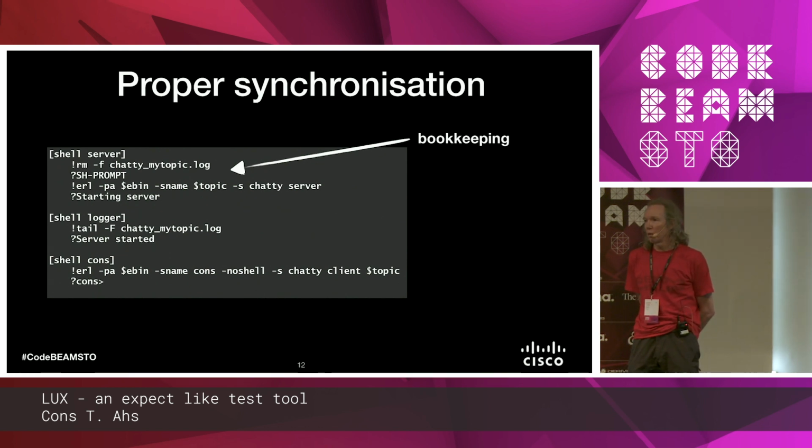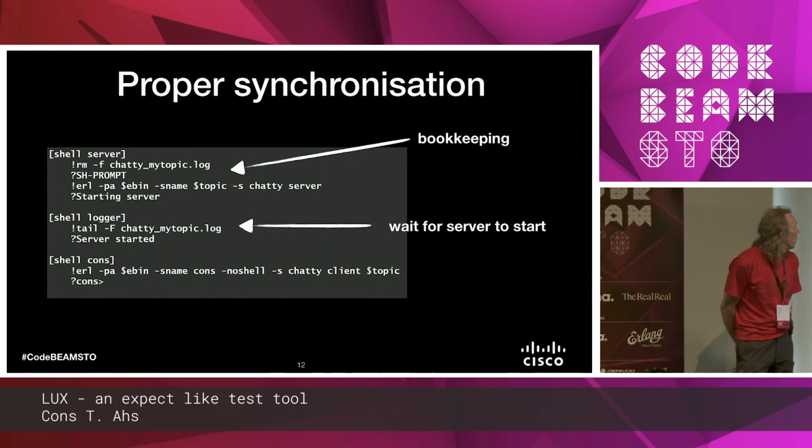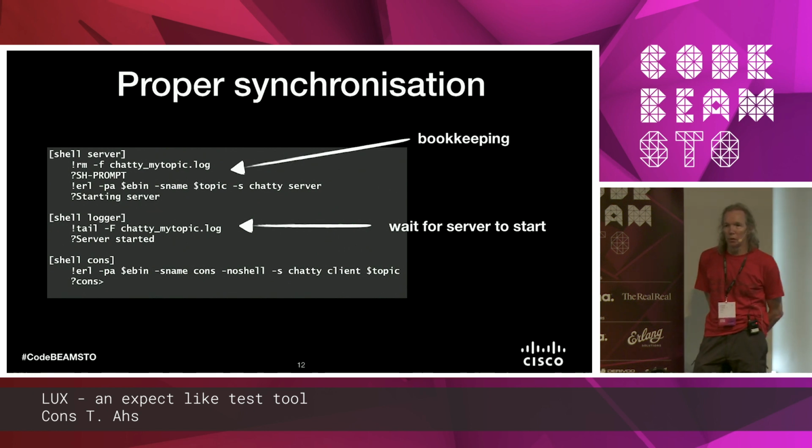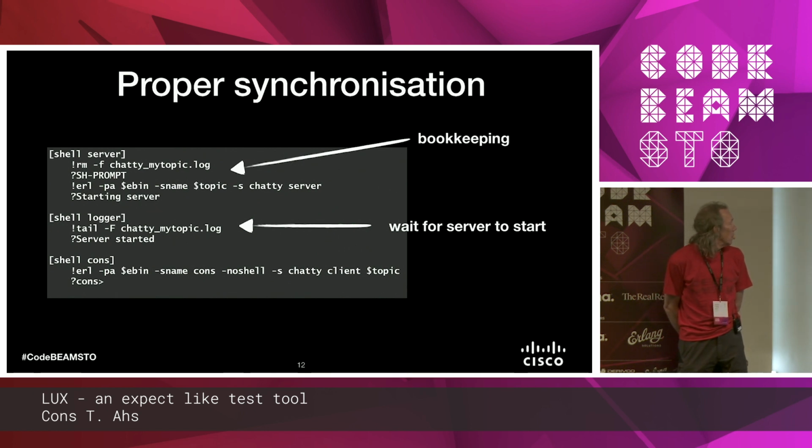Because if we start to tail the log and there's previous content in it, of course we'll see the previous content and say, the server started. And then we start a separate shell which just tails the log and waits for a message in the log that the server has been started. And after that, we can go on to the first client shell, connect, and it's fine.